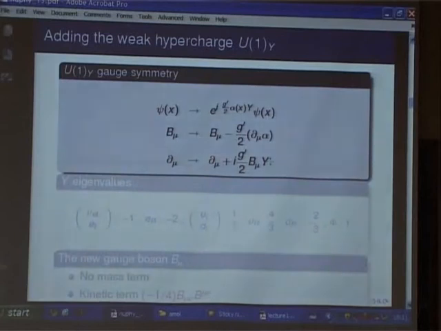So firstly, you have to go from a simple partial derivative to a covariant derivative. And secondly, you have to introduce a quantity called B mu, which is the gauge boson that mediates the interaction.